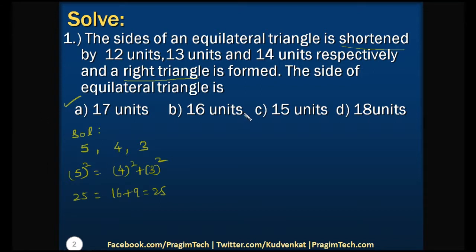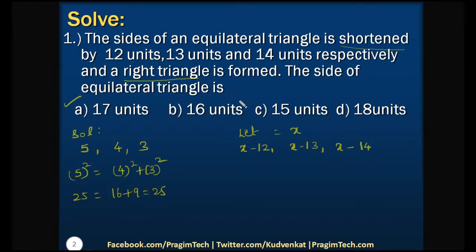If you want to write it in the form of an equation, then it's given the sides of an equilateral triangle. So we'll take it as let the equilateral triangle side be x. Now the new sides are reduced by 12 units, so x minus 12, x minus 13 and x minus 14.